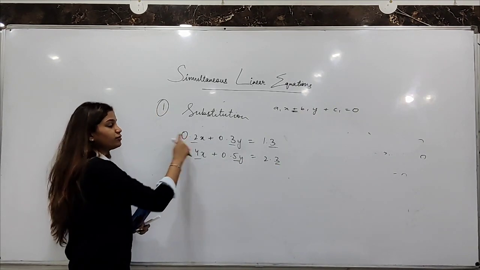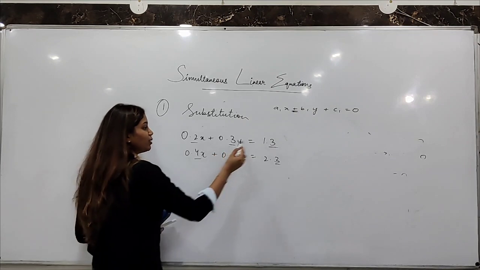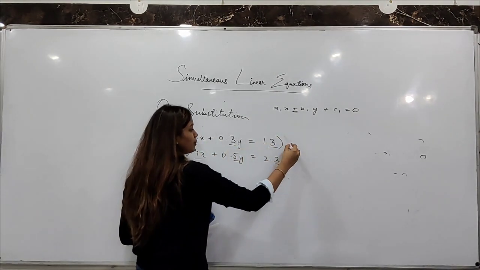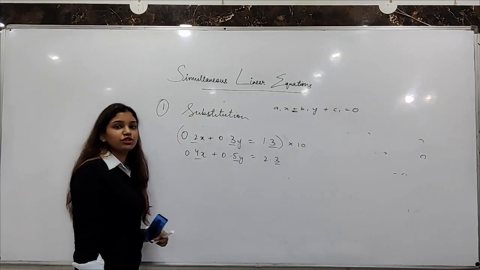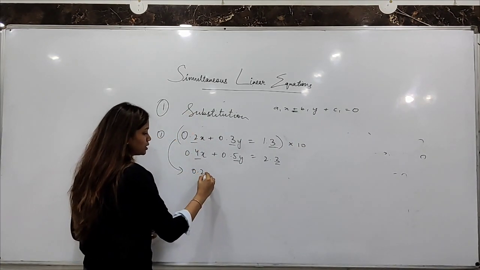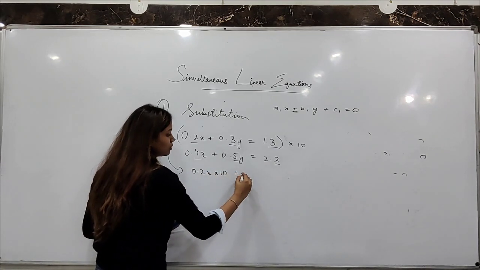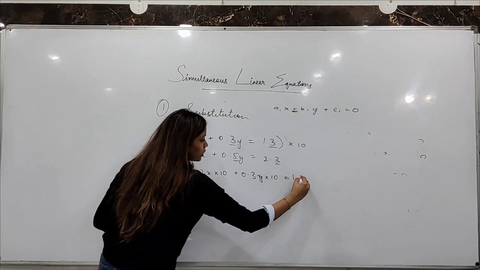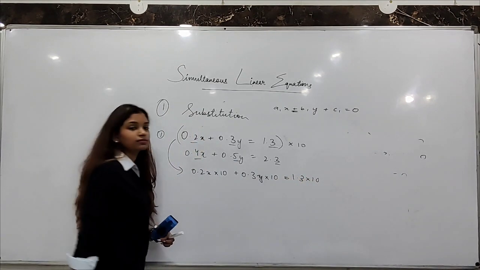If I have to remove this decimal, can I multiply everything with 10? If I multiply this entire equation with 10, then what will happen? 0.2x into 10 plus 0.3y into 10 is equal to 1.3 into 10.